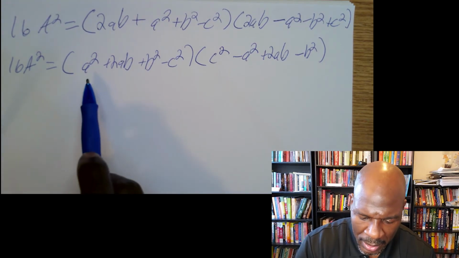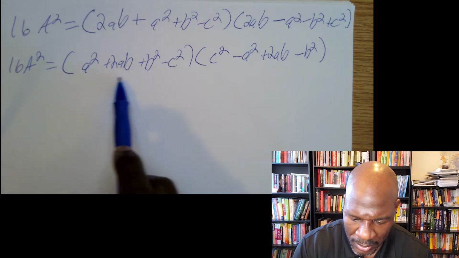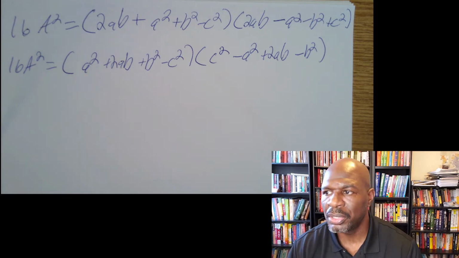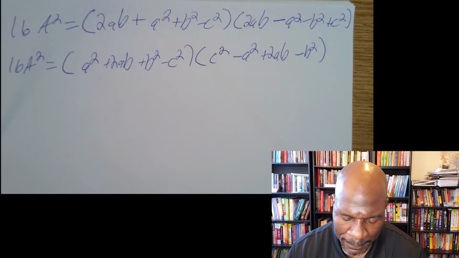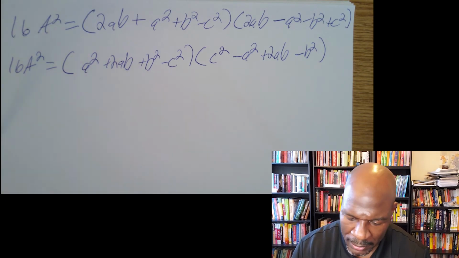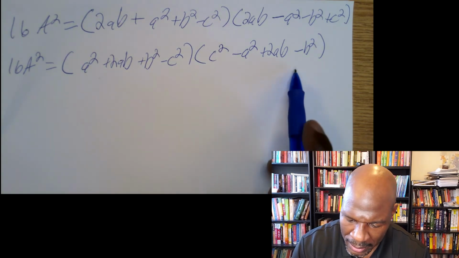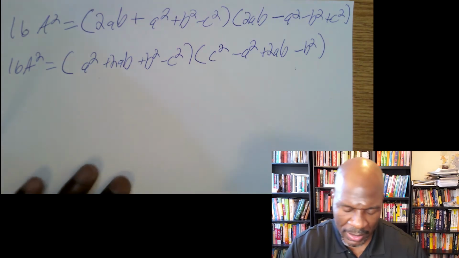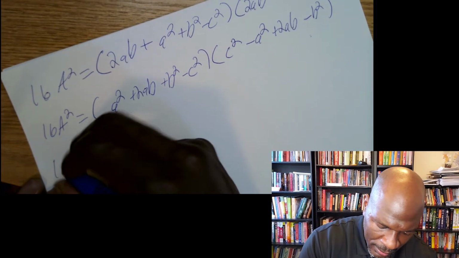Now, these first three guys, that's a plus b squared. That's what that is. This is a plus b squared. And here, if you factor out this negative sign, in fact, let me factor out the negative sign.